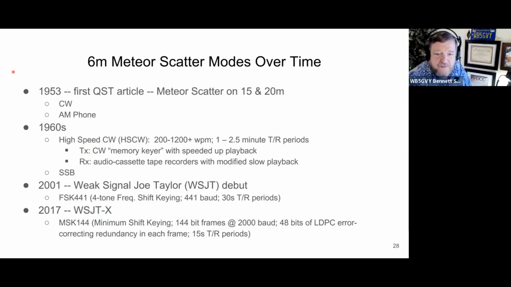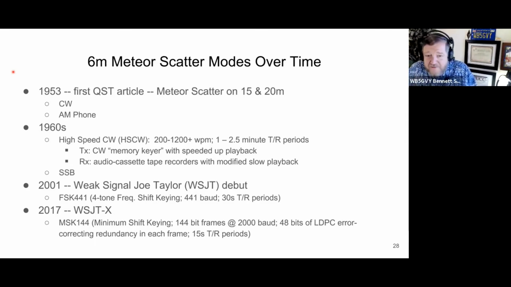So let's talk about meteor scatter modes over time. There's some history here. The very first QST article on meteor scatter supposedly was in 1953. I've only skimmed the article, but my understanding is that there was mention of meteor scatter conducted on 15 and 20 meters at the time, using both CW and AM phone.